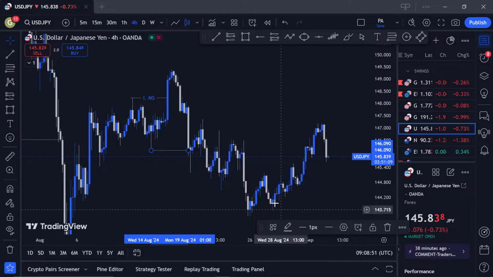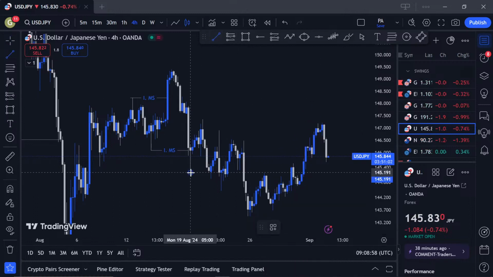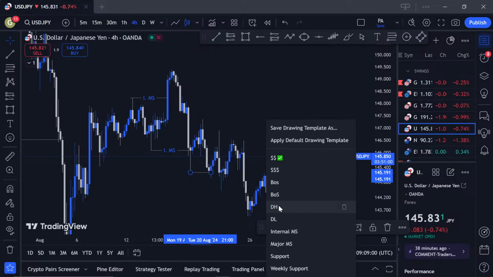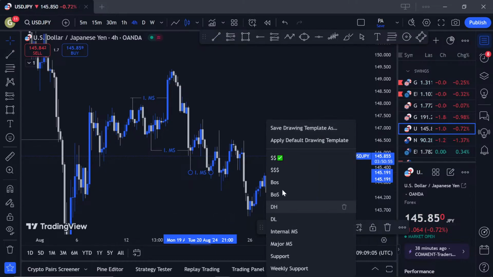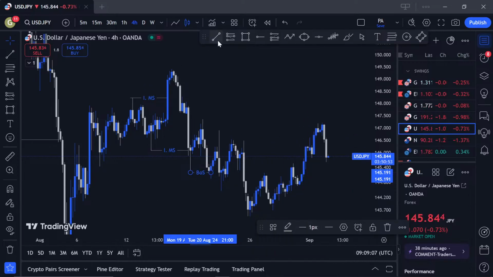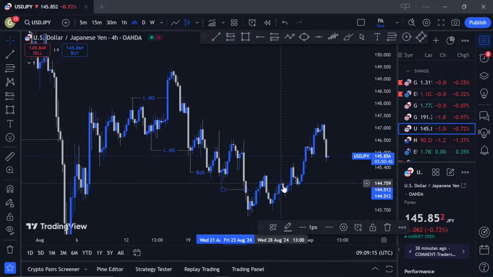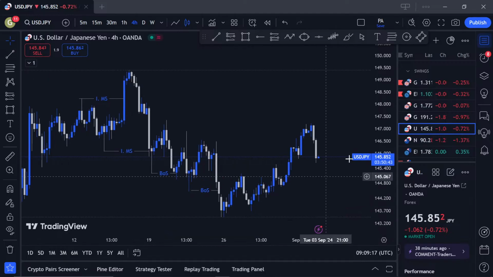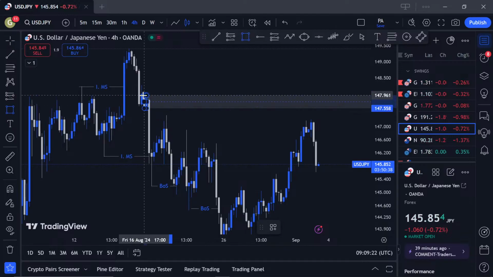It says market shift to the downside. I'm just going to mark all of this. That's a break of structure. Another break of structure. Now those breaks of structure actually led the market to trigger the entry at this point. This area hasn't been triggered yet.